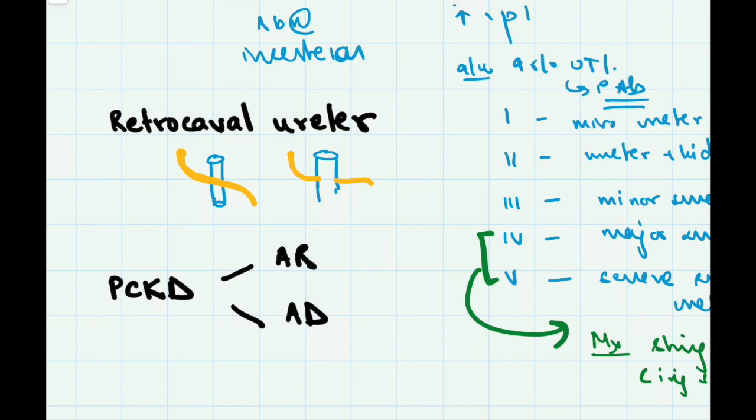Since the IVC might lead to compression, it causes hydronephrosis of the proximal part, and on IVP this appears as the classic fishhook deformity or the reverse J sign.